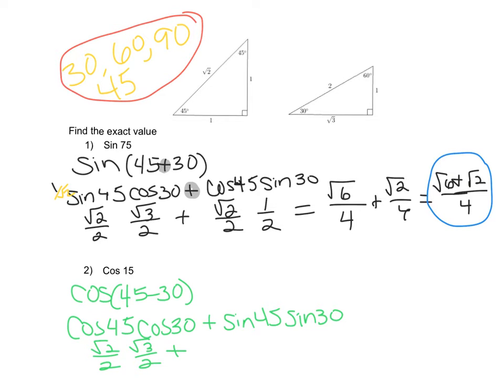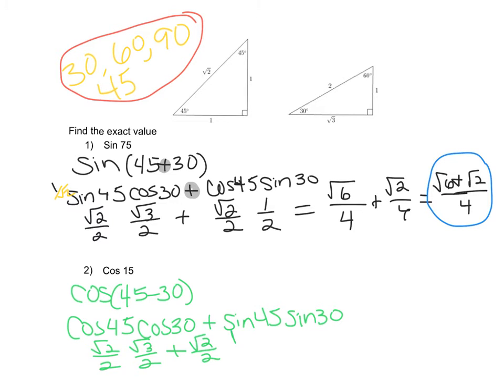And then I want the sine of 45, which is again right here, radical 2 over 2. And I'm going to do it times the sine of 30, which I did right here, is 1/2.